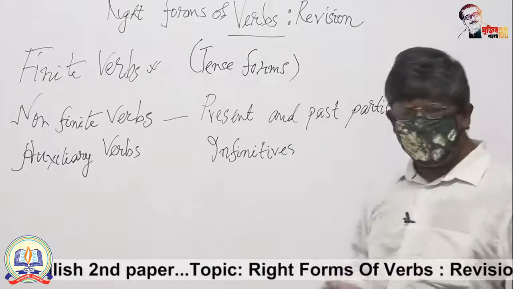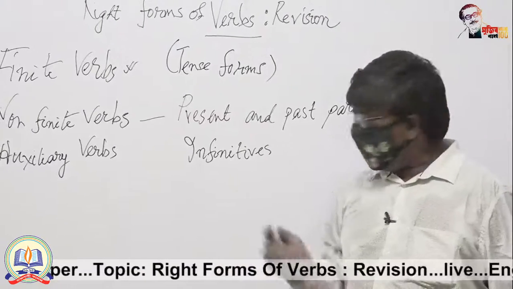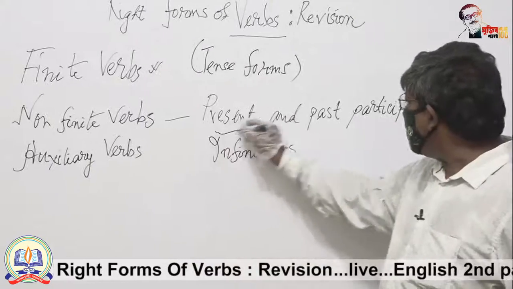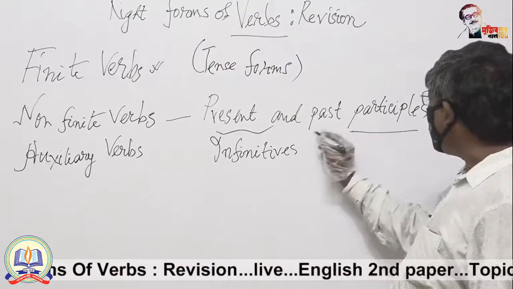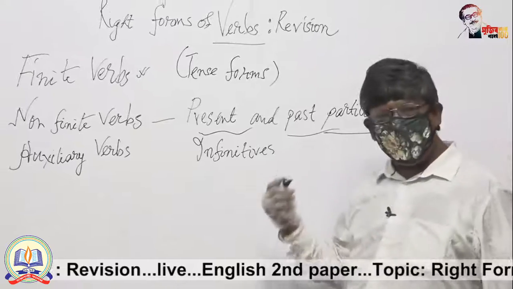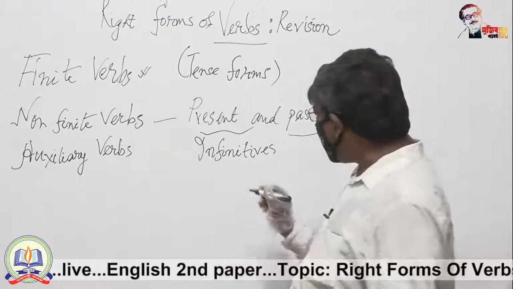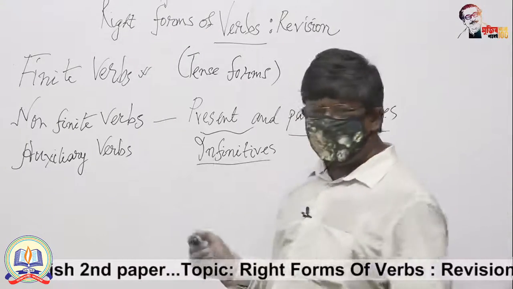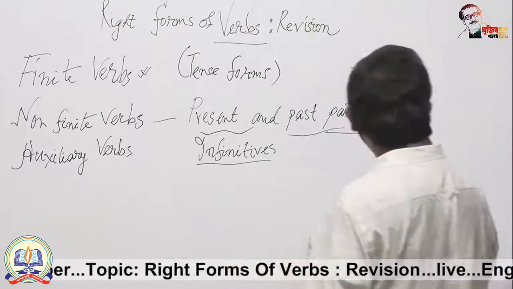These three types of verbs do not belong to any of the 12 tense forms. Therefore, they are called verb forms.